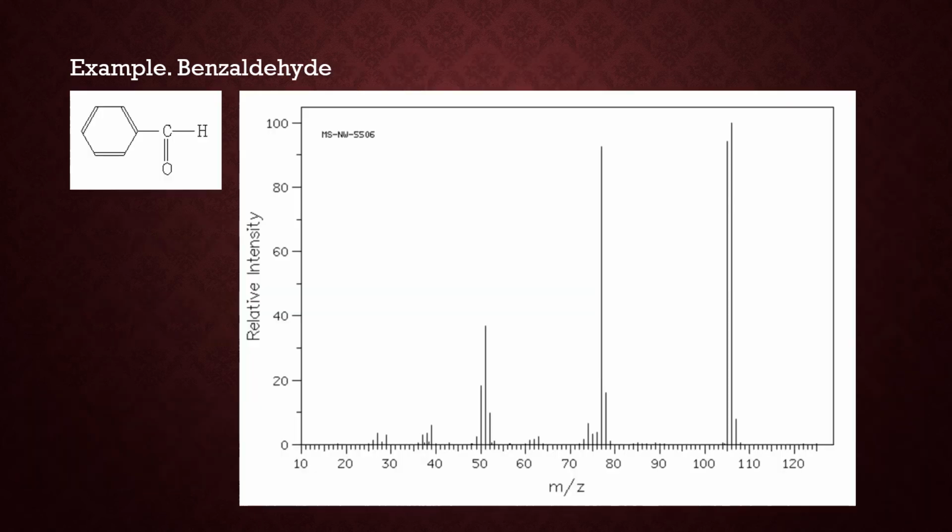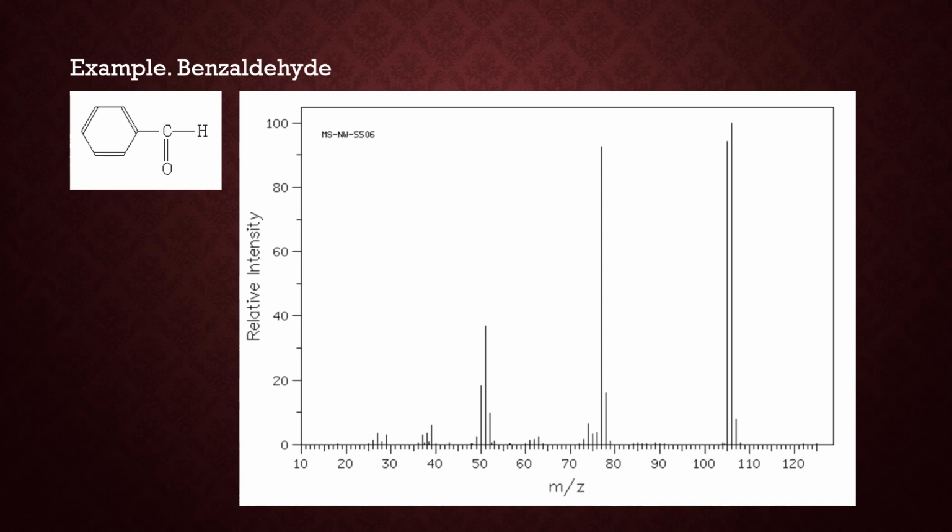So the even valued fragment is one type of signature that you can use for helping to identify what's in the molecule. I'm going to show you now a second example using benzaldehyde as the case study.